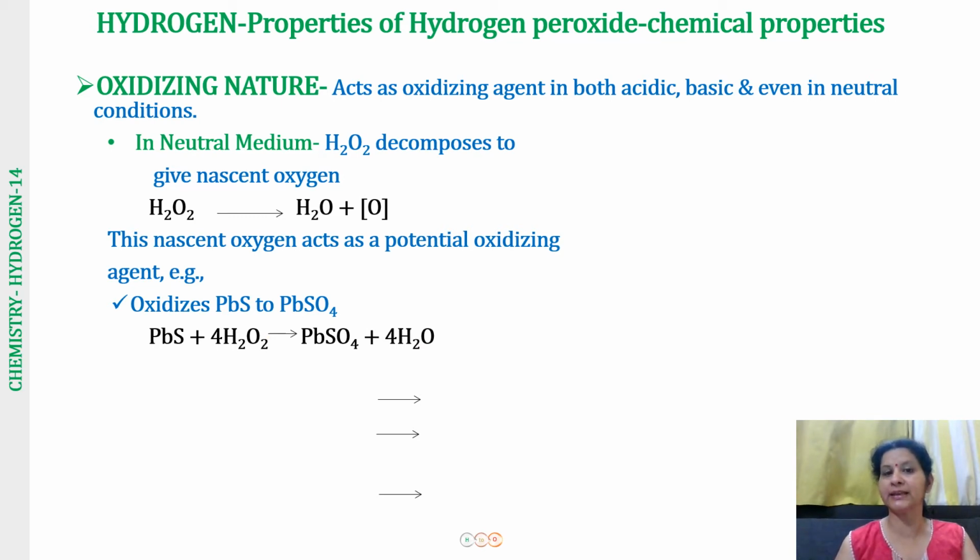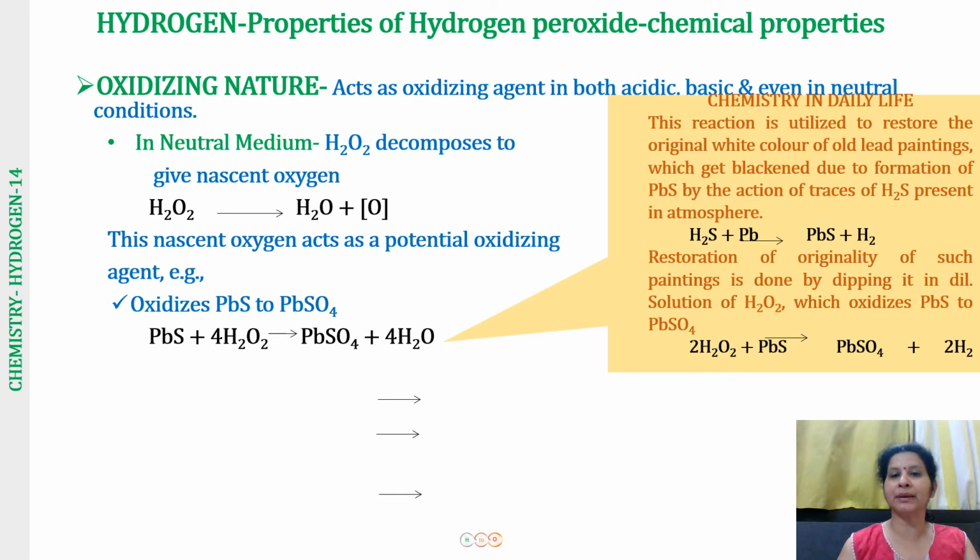I hope this is clear. This is a very important reaction. This is an important reaction because it has a very important application as well. And what is that application? The application is that if we have lead paintings, the original color of the lead paintings is white, right?